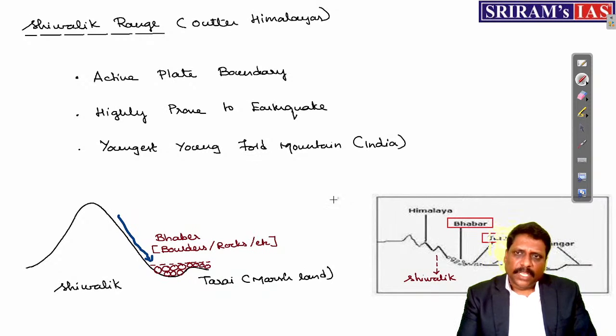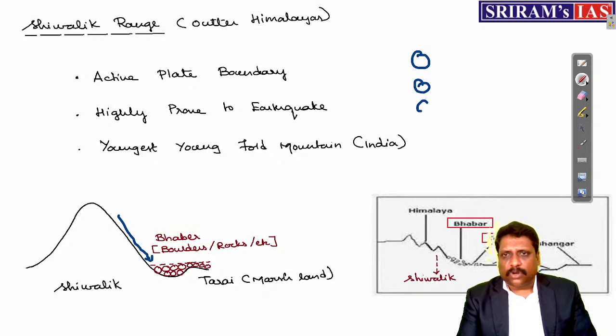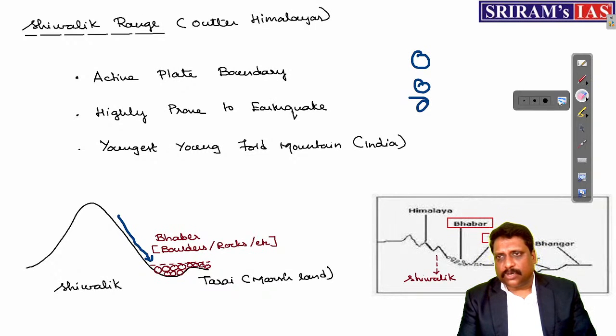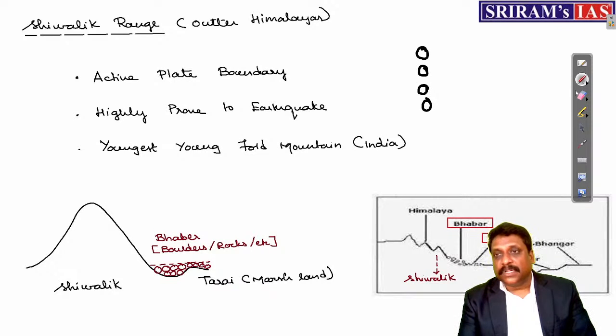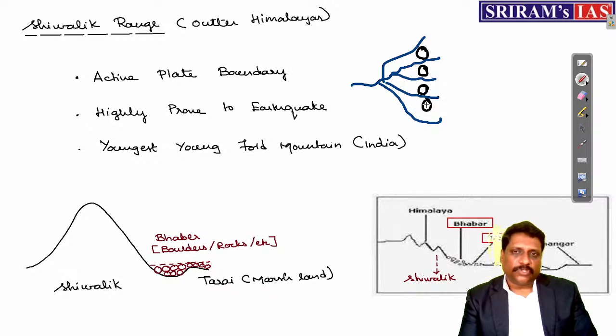Or because of these big boulders and rocks, there is a chance that this river distributes its water into different distributaries. You call them a braided profile.